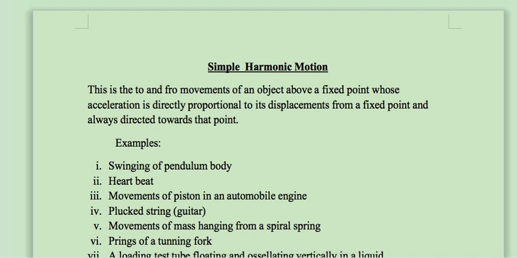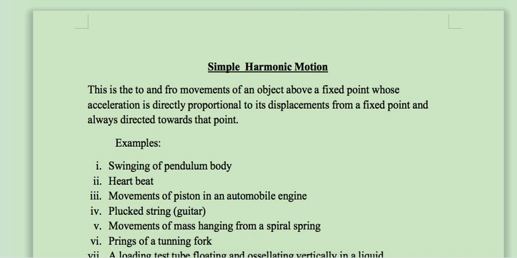As you can see on the screen, our topic today is simple harmonic motion. Before I go fully into the topic, I believe when you were in SS1, you were taught motion and the types of motion.